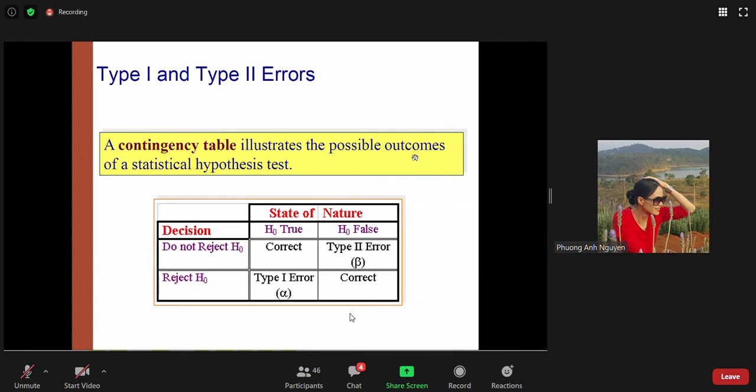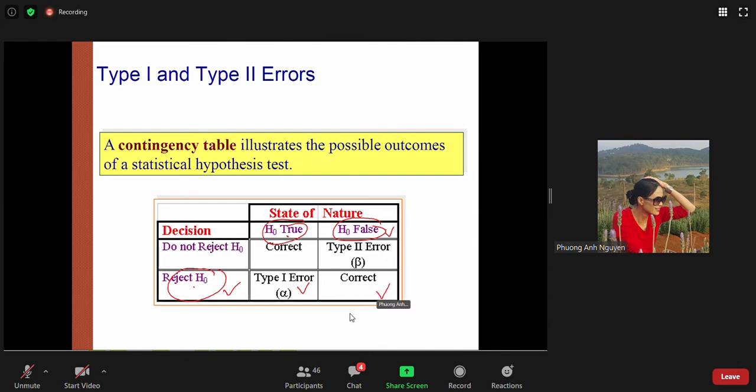H0 can be true or false, and when you make a decision, you may reject H0. If H0 is true and you reject it, then you get an error called the type 1 error. If H0 is false and you reject it, it is the correct decision.